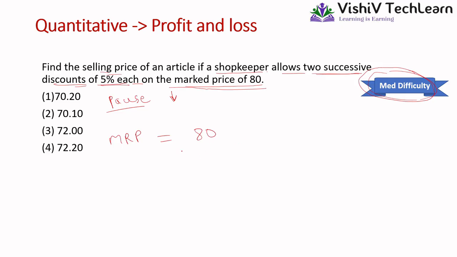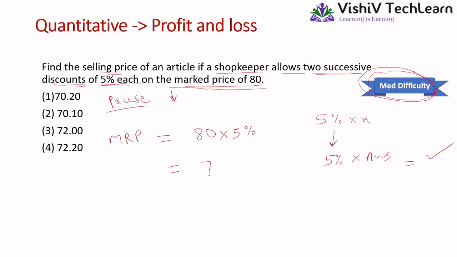So we are going to apply a 5% discount on the marked price. Whatever answer we get, we will again apply a 5% discount to that answer, and then we will get the final answer. So here we have 80 rupees as the marked price. Let's apply 5% on this. 10% of 80 is 8, and 5% will be half of that, which is 4.